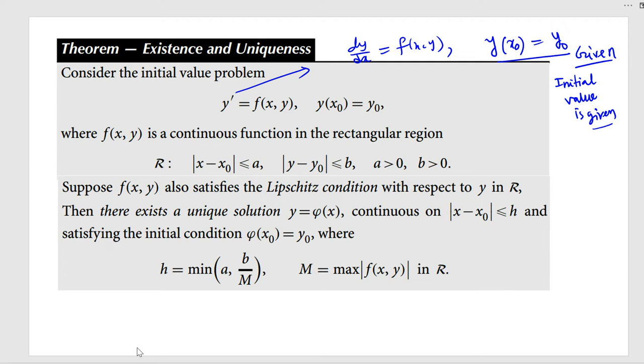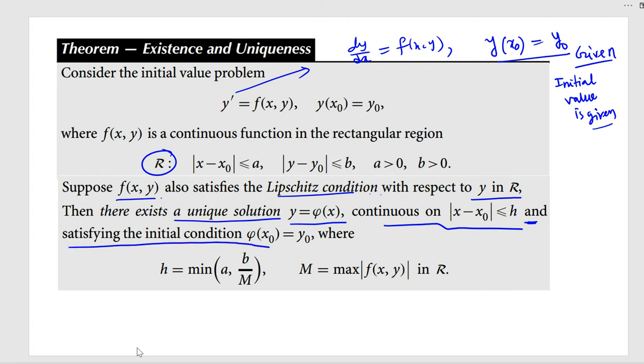If this is the case, and we have the region of our interest, in which region we want to find the solution, then if f of x, y satisfies the Lipschitz condition with respect to y, there exists a unique solution y equals phi of x, continuous on this interval, such that it will also satisfy the initial condition.